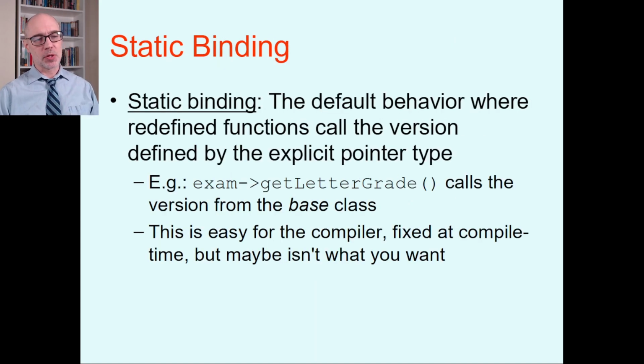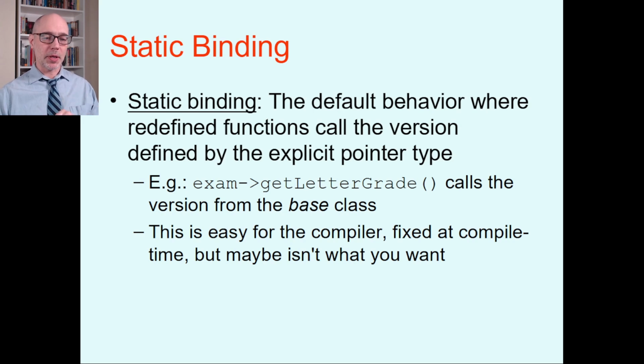The first option is what's called static binding. In C++, this is the default behavior, where a redefined function called from a pointer or reference calls the version of the function that's defined by the explicit pointer type, probably the parent class in our example.